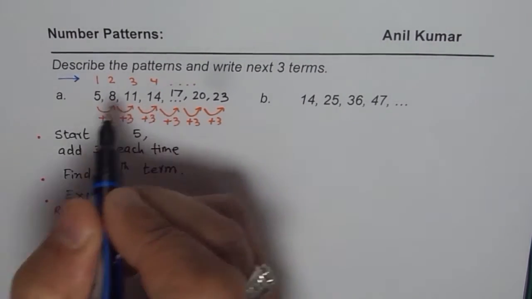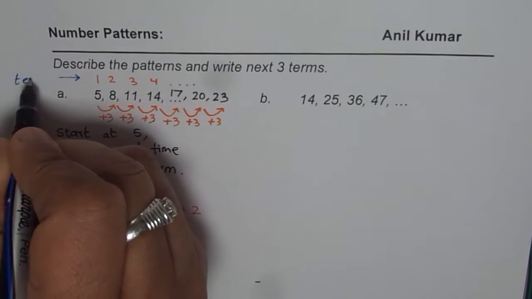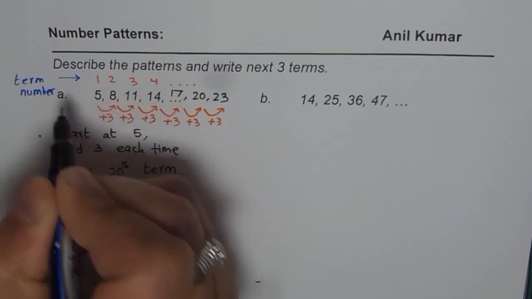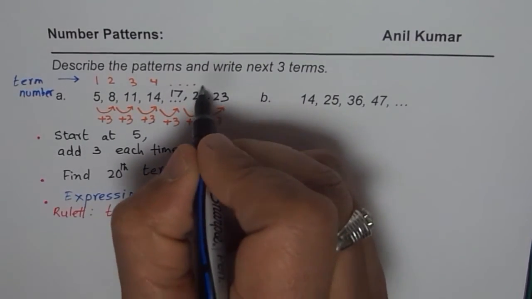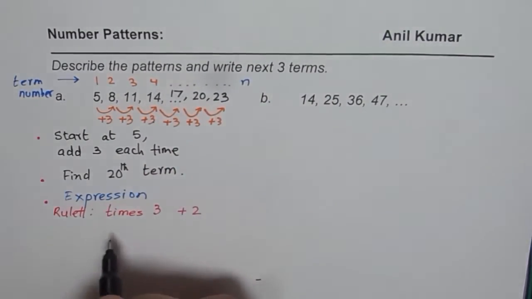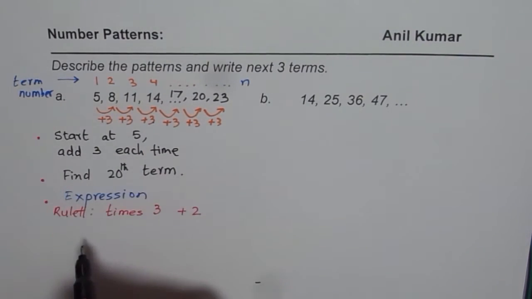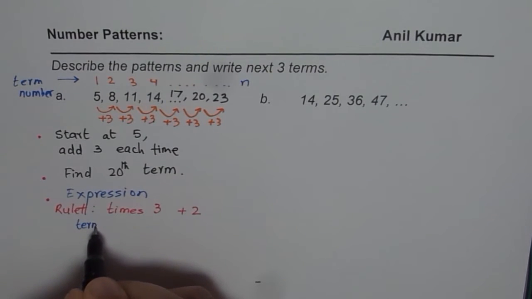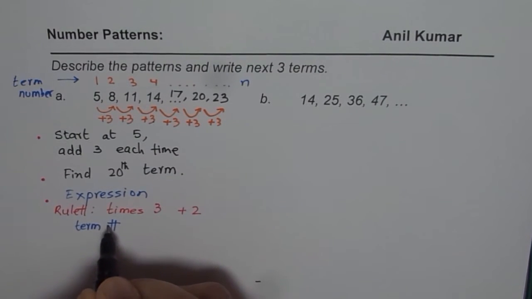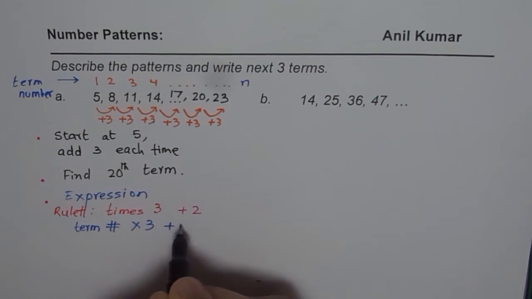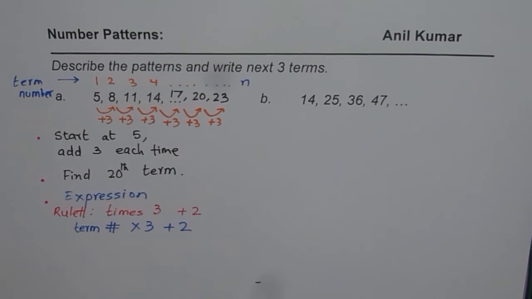Let me write them as term number, and let me write these term numbers by letter in general, n. So we'll write n. Let me write here equation. We say term number times 3 plus 2 is our expression, right?